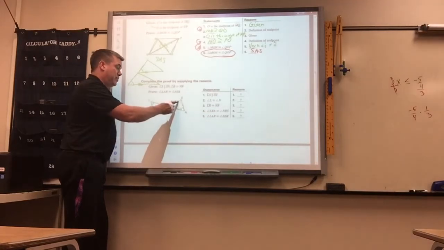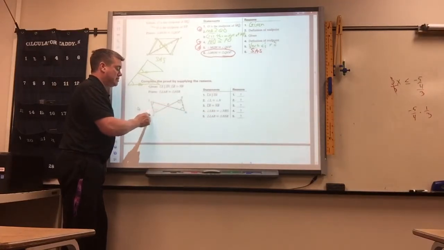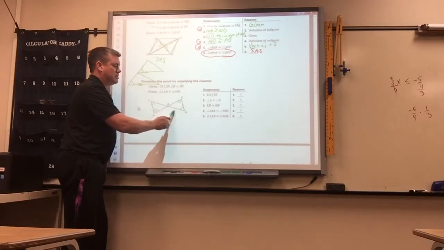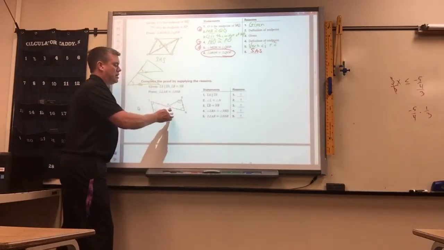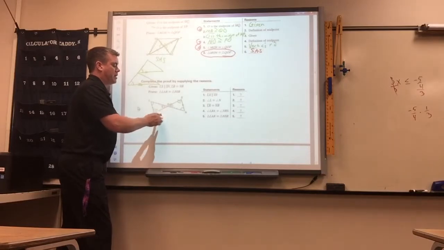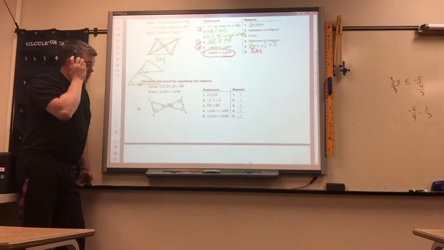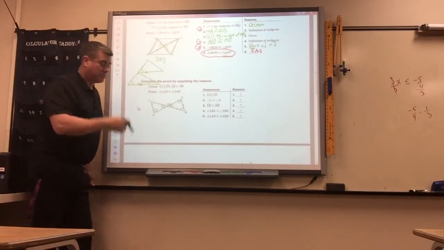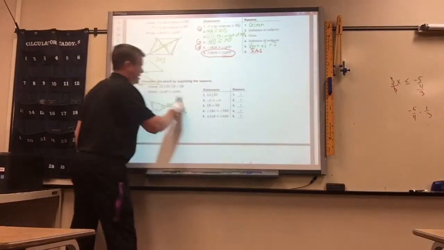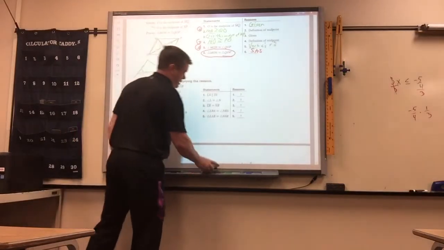And also, this would equal that. So I could use angle, angle, side. But also, vertical angles are congruent. So ASA also works. So you only have to do it one way. So we'll see what they did in the proof, which way they did it.